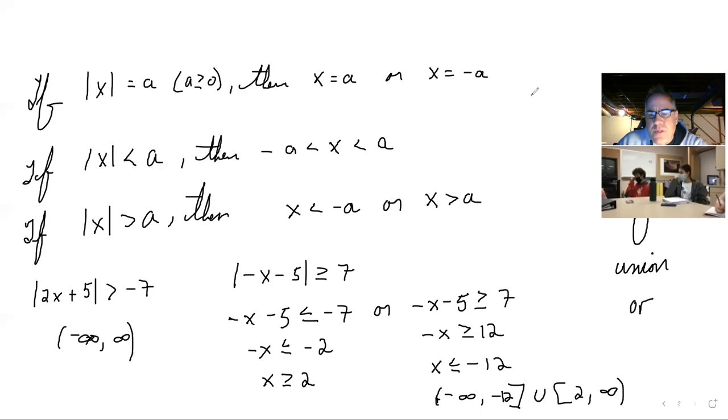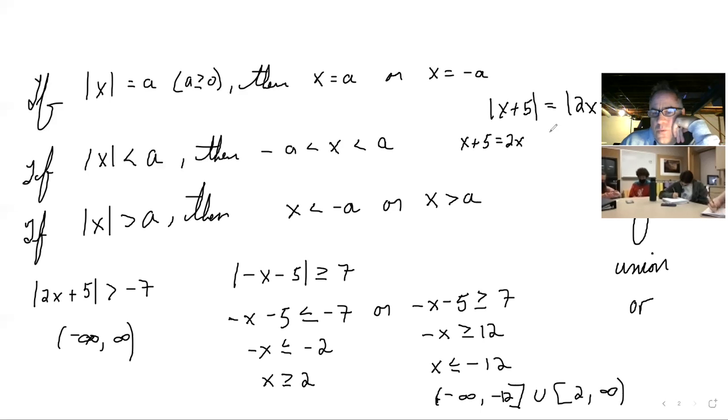You will run into a couple of absolute value equations that look like this. There will actually be 2 absolute value terms, but you would solve these using the same rule. You would write 2 equations. You would take what's inside here and set that equal to what's inside there.